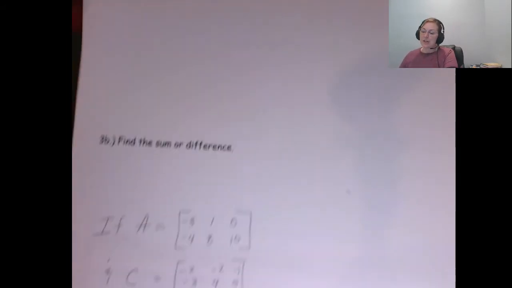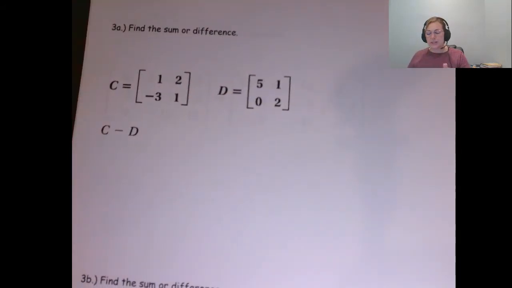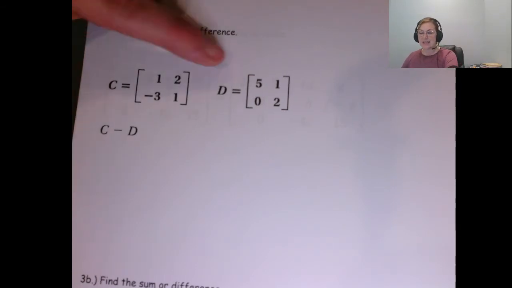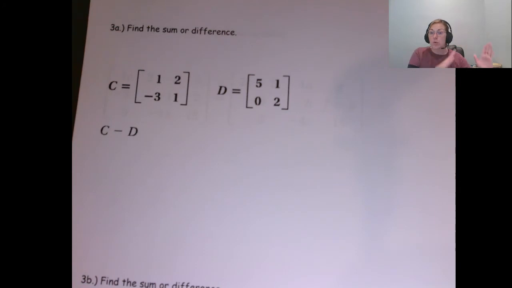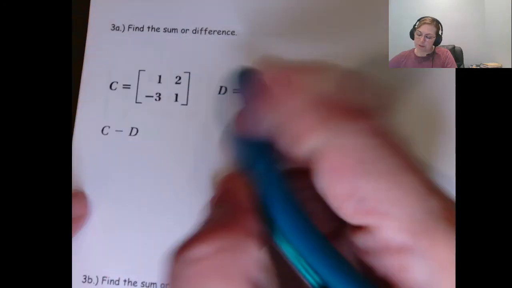Okay. Look at example 3 here. We're doing the same thing, but we've given the matrices names now. So we've told you that this matrix is C and this matrix is D, and we're going to subtract C minus D. So let us do that with our corresponding elements.